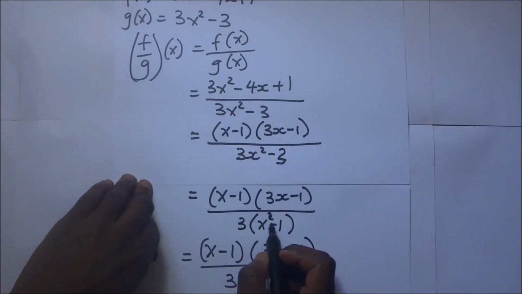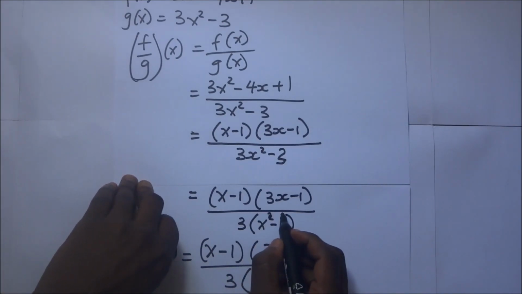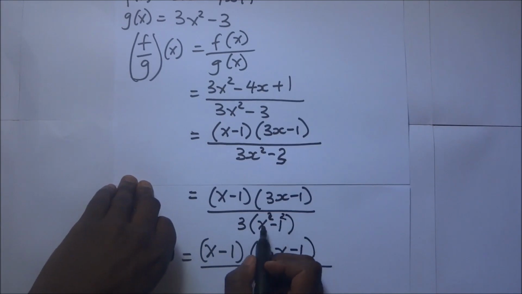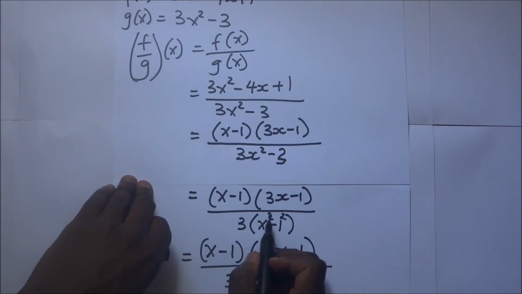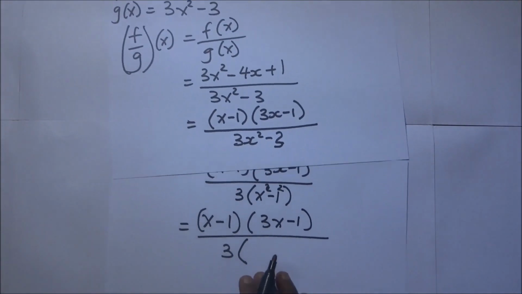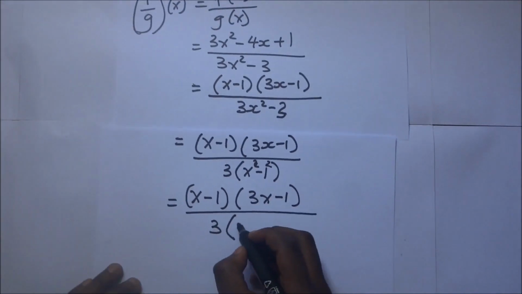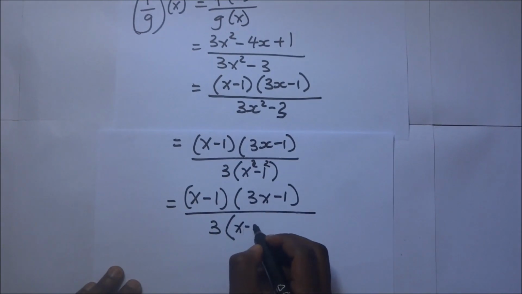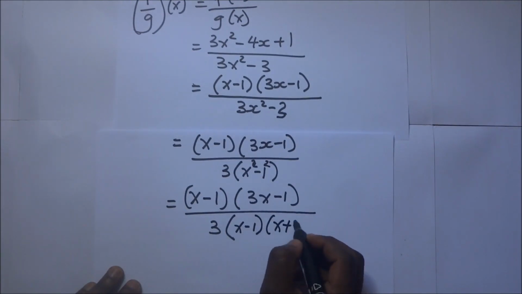x squared minus 1 is the same as x squared minus 1 squared, which gives us a difference of 2 squares. And how do we express a difference of 2 squares? The identity in this case is going to become 3 into x minus 1 into x plus 1.